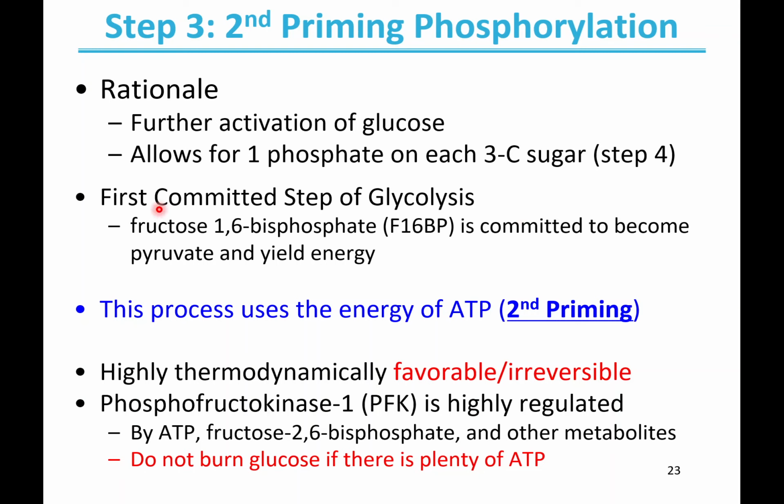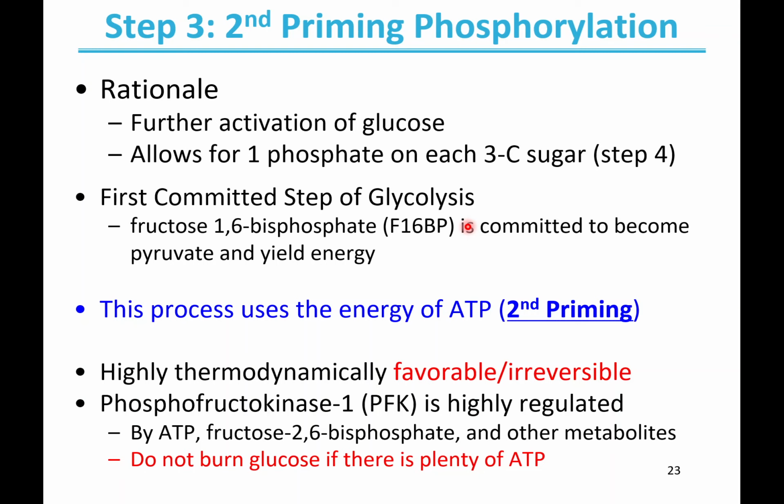Okay. This is the first committed step of glycolysis. So the first step, you're just, in a sense, adding a phosphate to glucose to keep it inside the cell. The second step is an isomerization to change glucose 6-phosphate into fructose 6-phosphate, but that's reversible. Okay, and then there are other pathways that break off from there.